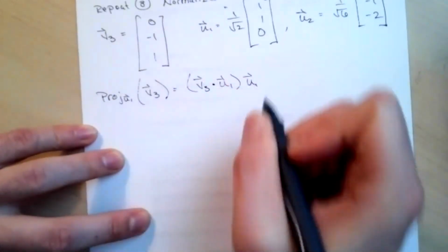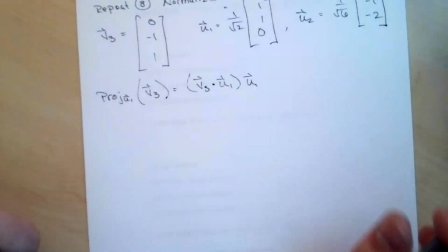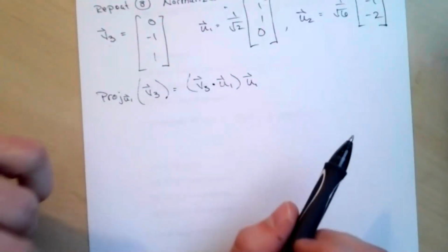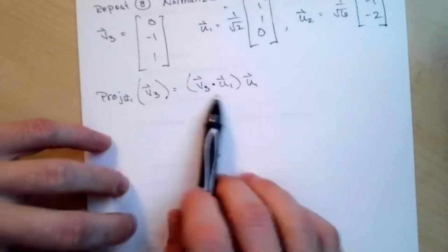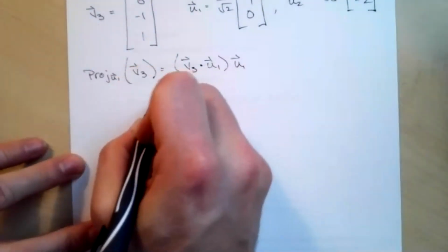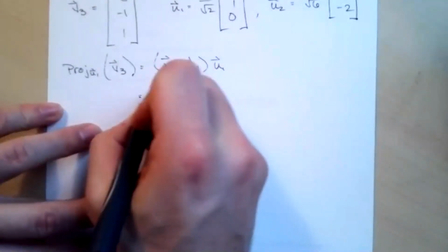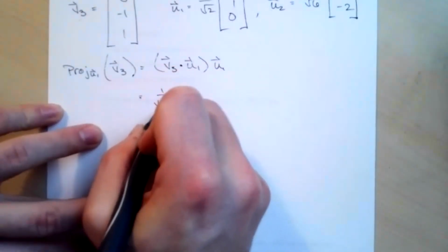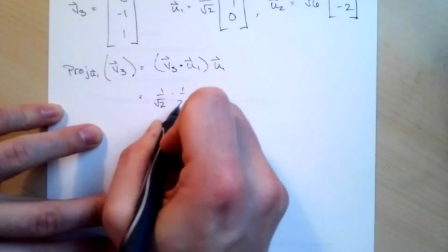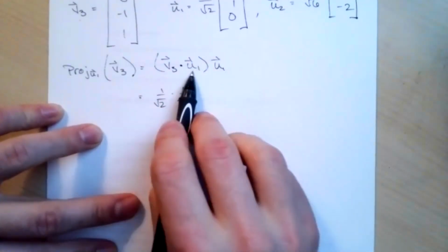So I'm not even going to write that denominator. Of course, we want to divide by the norm of U1 squared. But since we've created our orthonormal basis, they're of unit length, so we don't really need that. So let's go ahead and compute our dot product. We're going to have a 1 over root 2 from that component, and a 1 over root 2 from this vector.